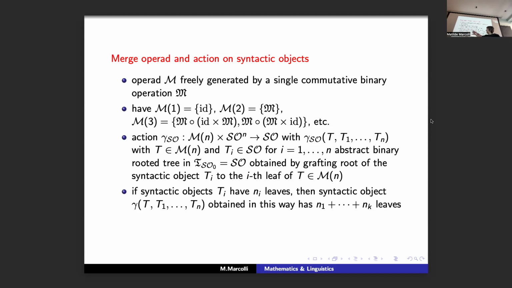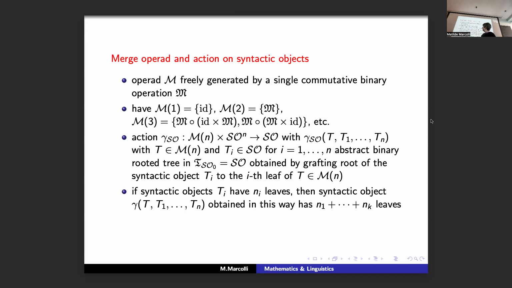And now you can see that the syntactic objects that we have constructed are indeed an algebra over this operad. If you have one of these trees with no labels at the leaves, and you have a bunch of trees with labels at the leaves, you can plug them into each of the unlabeled leaves, and you get a much bigger tree where now all the leaves are labeled.